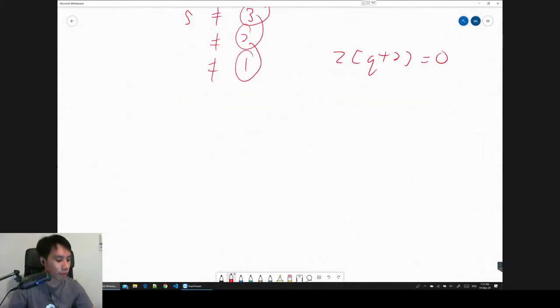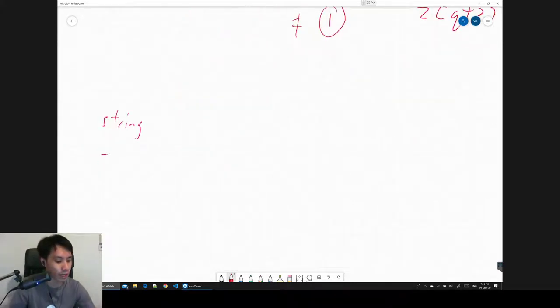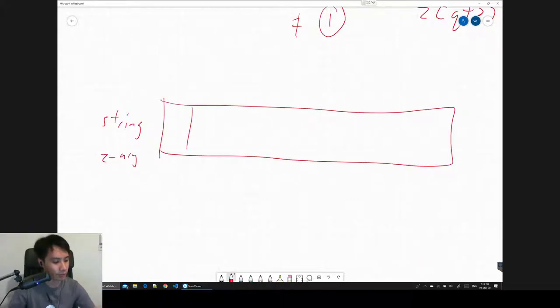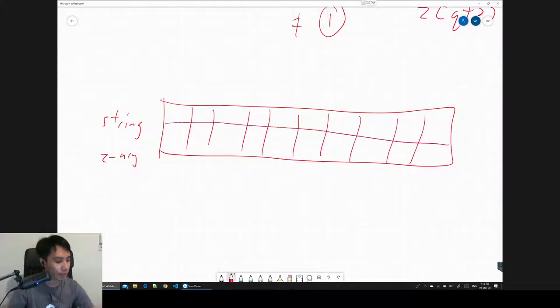Okay? If you don't believe me, let's try the following. Z array. Okay, let's say the value here is 4. Remember, the first one is not important. So if we use position 1 and position 2 as the same letter, let me just write. Okay, it's 4.